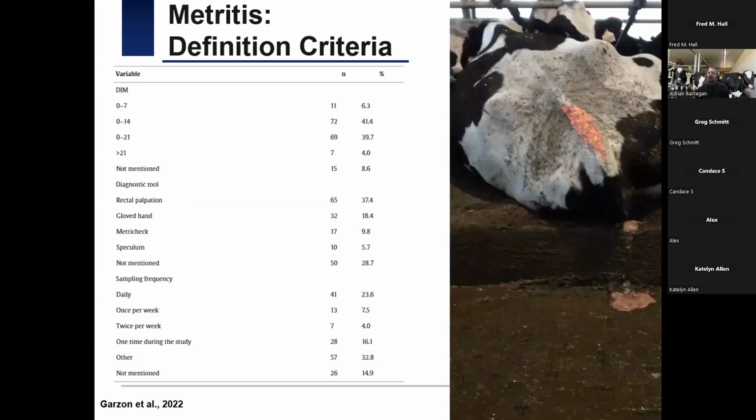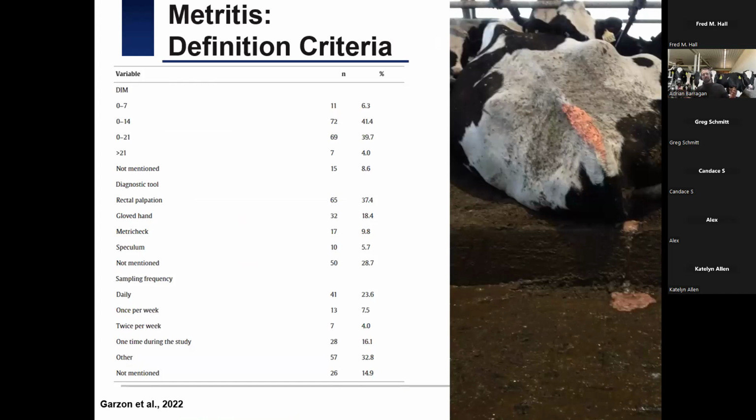All right, so I'm going to dive into and dissect a really nice article published in 2022. This is from colleagues from California, mainly Dr. Da Silva, Dr. Lima, where they did a meta-analysis.